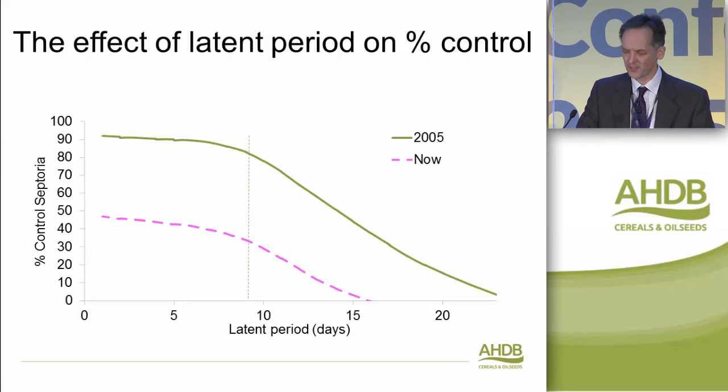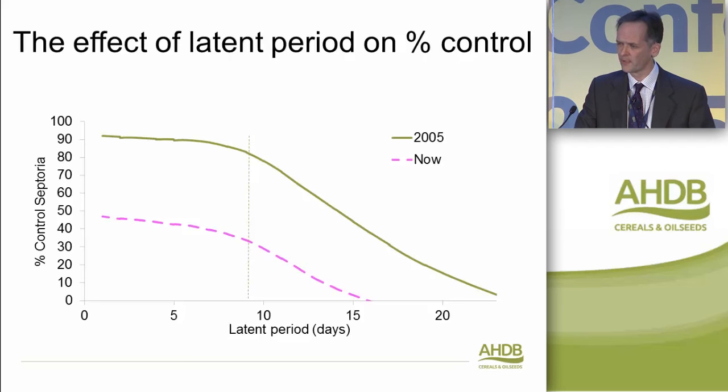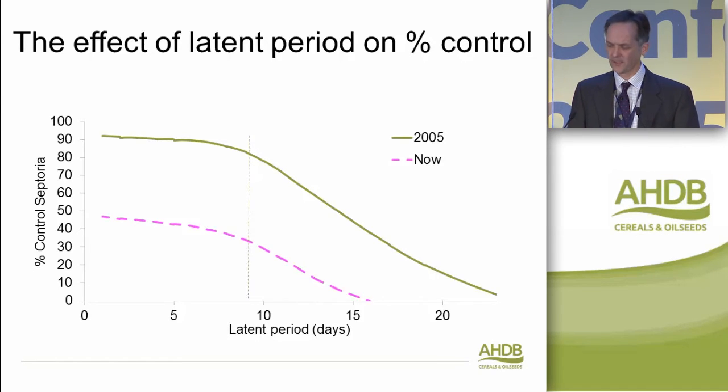I think the point I'd take away from this is that generally when we apply fungicides, we apply them either immediately after a leaf has emerged, in the case of leaf 1 and leaf 3, or 10 to 12 days after a leaf has emerged in the case of leaf 2. That's generally, we're applying them, or aiming to apply them, in that first part of the latent period.